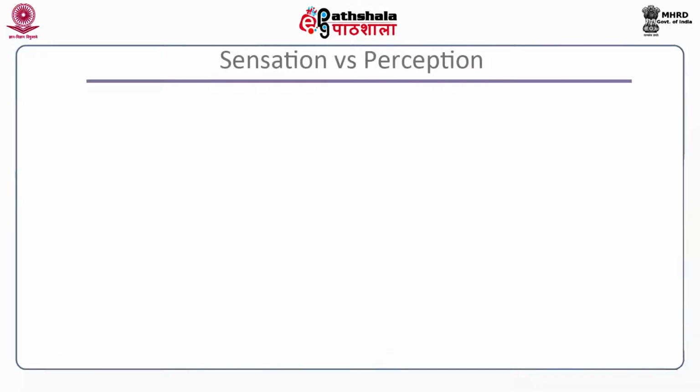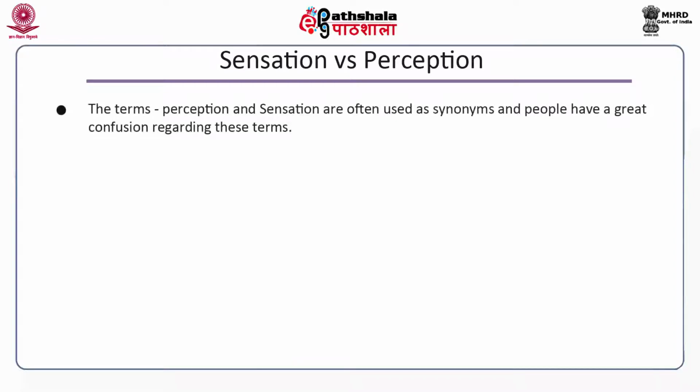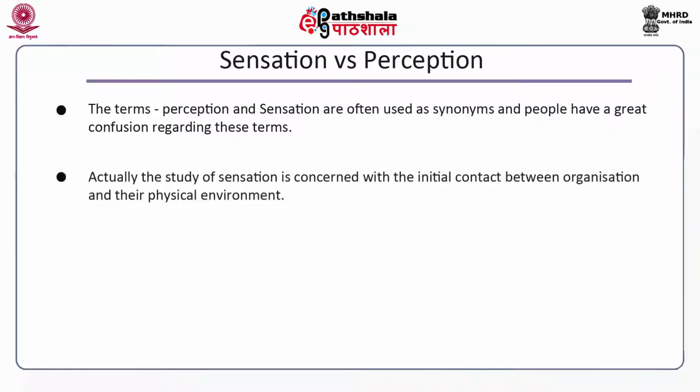Now, we will understand sensation and perception. The terms perception and sensation are often used as synonyms, and people have a great confusion regarding these terms. So, these need to be clarified properly. For a clear understanding of the term sensation, it should be understood that the study of sensation is concerned with the initial contact between organisms and their physical environment.